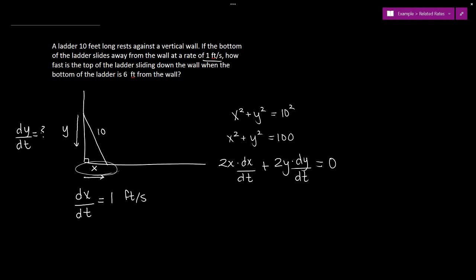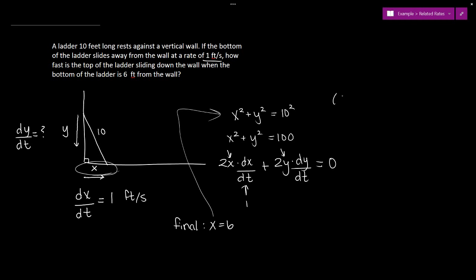We have that dx/dt is 1, and we'll be able to find x and y. What we're trying to find is dy/dt. So they do give us at this point that the bottom of the ladder is 6 feet from the wall. So they're telling us our final position. That means x is 6. So we can use our original equation that relates them to find y.